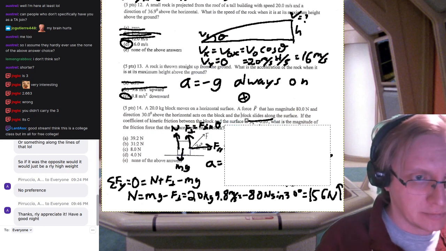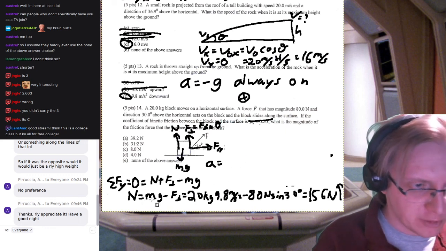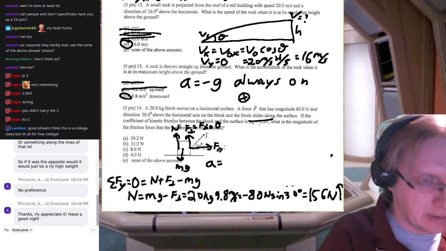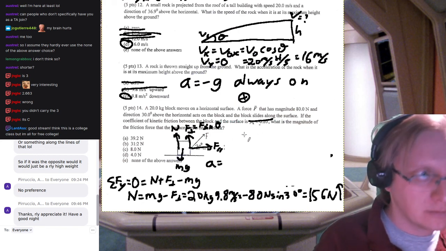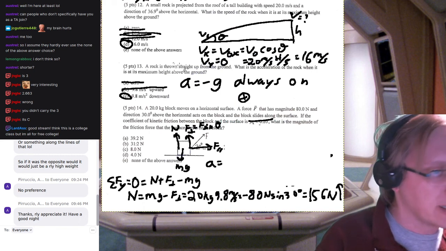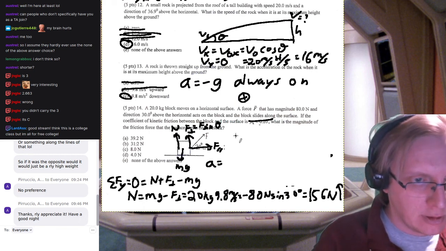All right. So I have my force normal already from when I went through this problem the first time. But now I need this one. I forgot to turn my colors back. There we go. Force friction is equal to mu times force normal.